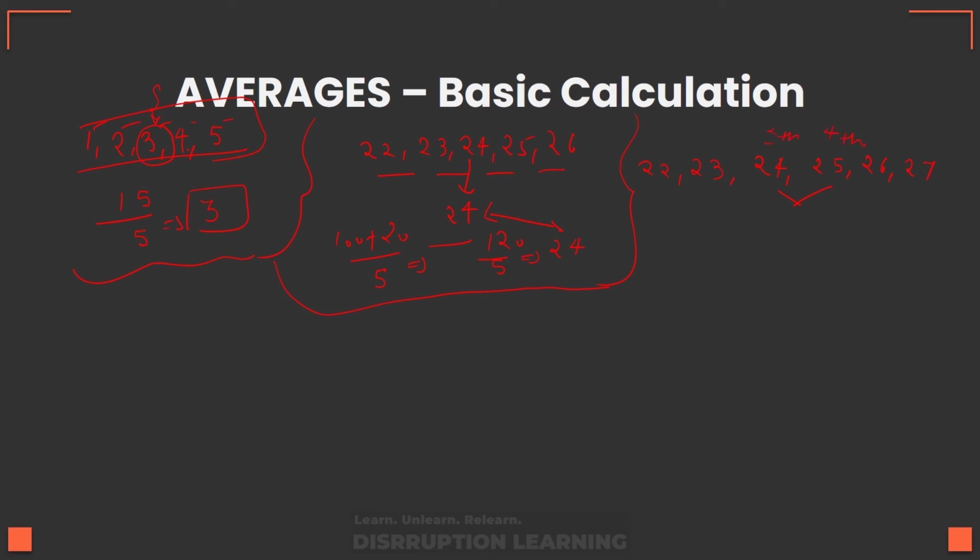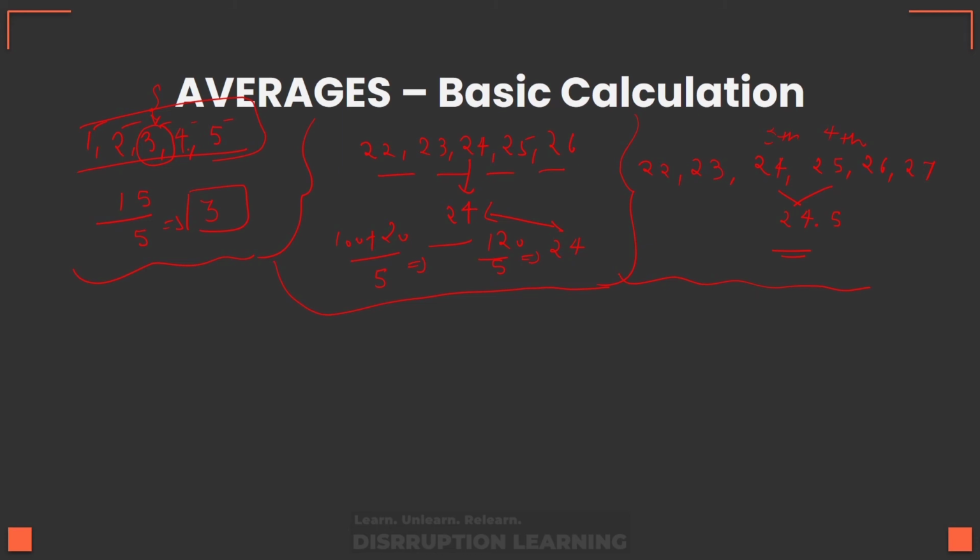What comes exactly in the middle of 24 and 25 is 24.5. This is going to be our average. This is just a simple shortcut. You don't actually need to worry a lot about it. If you don't get it, you can simply add the numbers and divide by the number of values. But in case you can get it, that is a very handy feature to know.